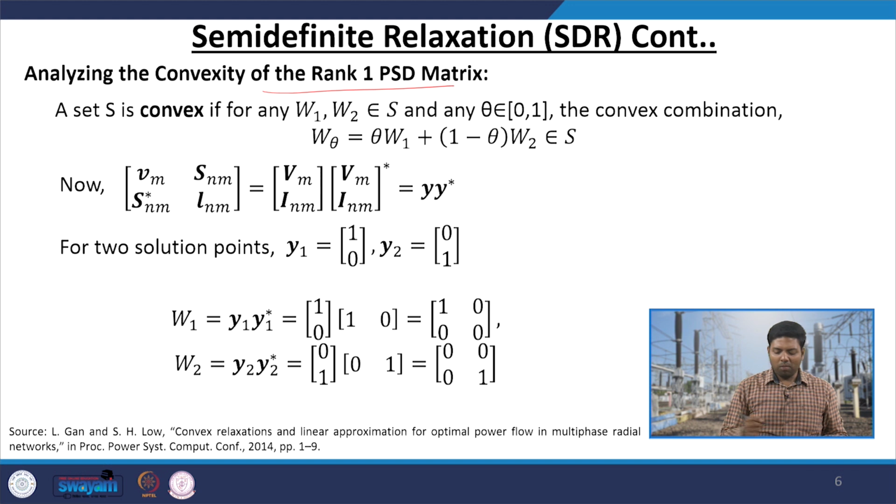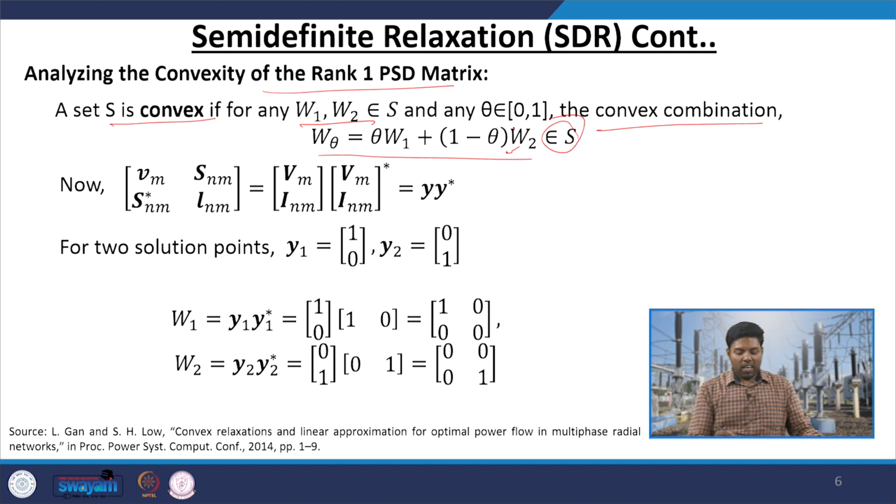We know from the linear combination theory of a convex set that a set S is convex if for any 2 points W1 and W2, the linear or convex combination W theta, which is theta W1 plus 1 minus theta W2, also belongs to S. If this holds true for any solution point in the set, then that set is named a convex set.